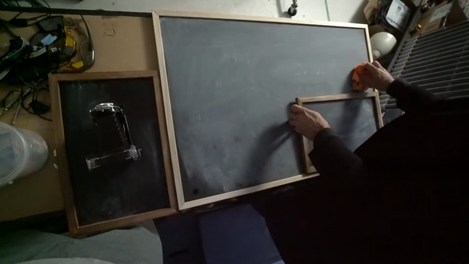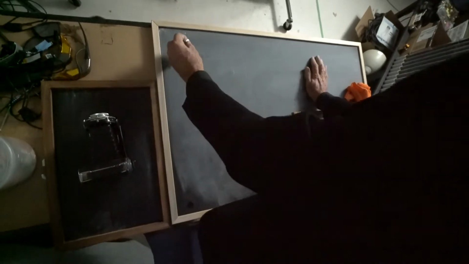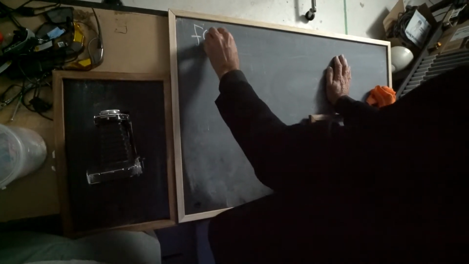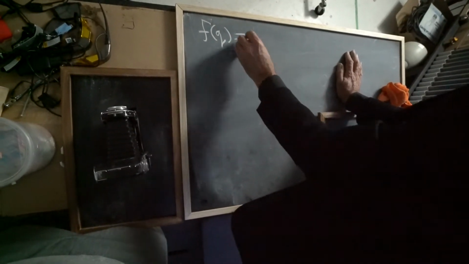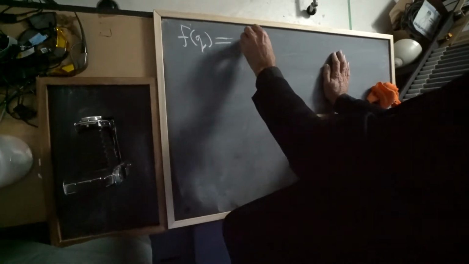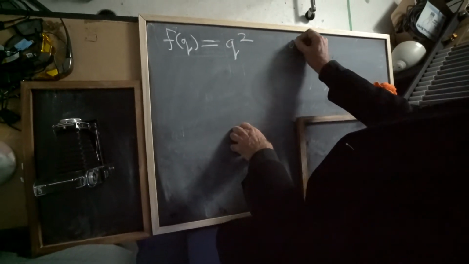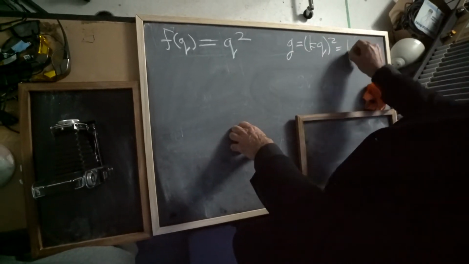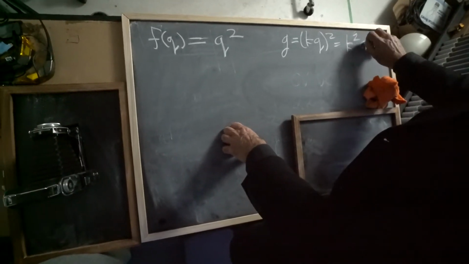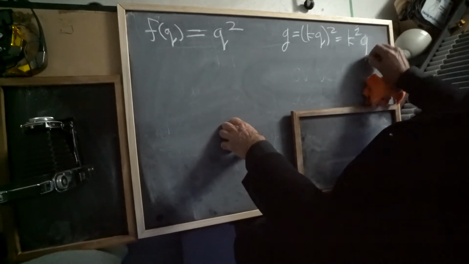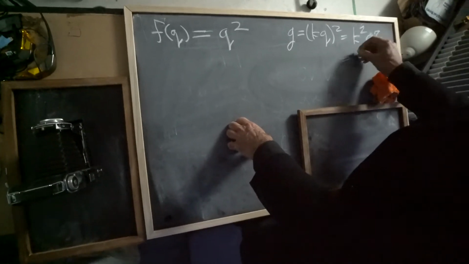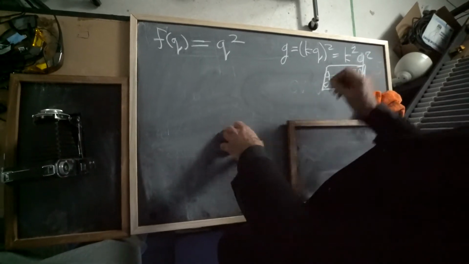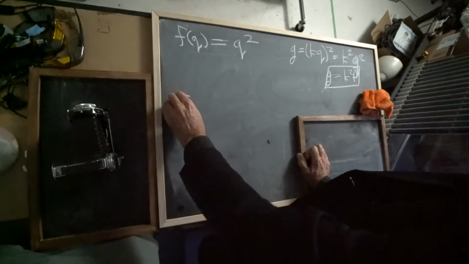So when we have a comparametric equation, let's take a simple example that says f of q equals q squared, and then we'll have g equals (kq) squared equals k squared q squared equals k squared f. So we've got g equals k squared f. Now let's take another example.